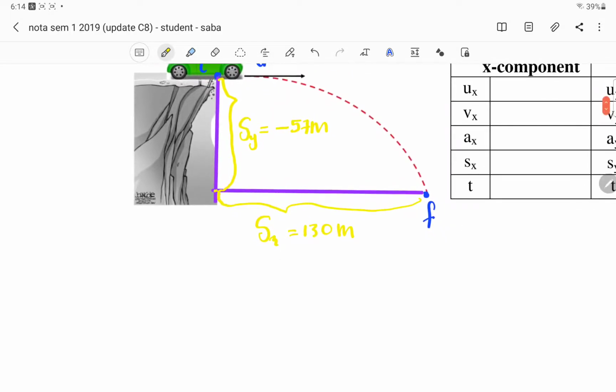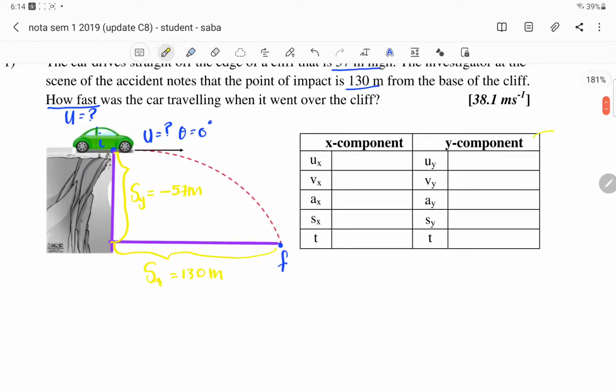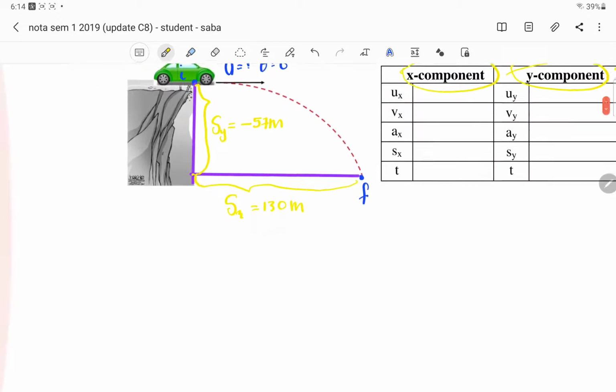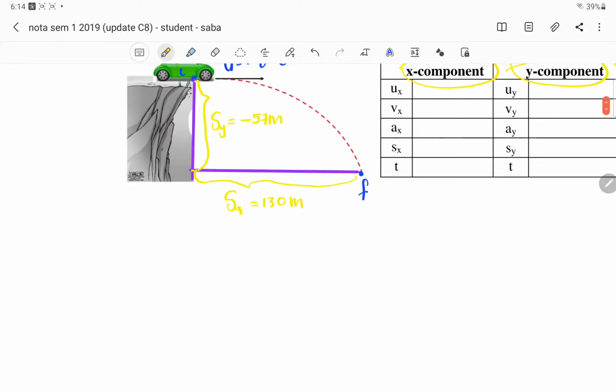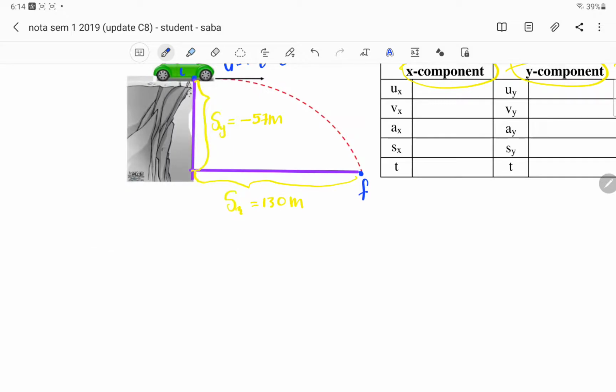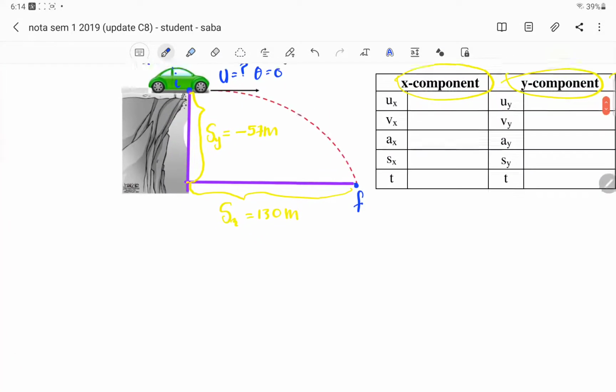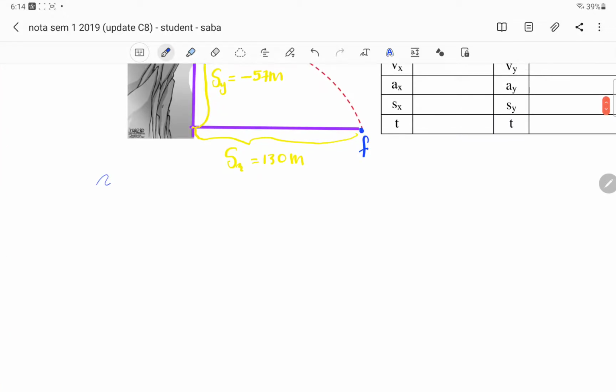So dalam solution soalan ini saya tidak apply table ini, tapi saya still apply konsep untuk X component dan Y component, tapi saya tak apply table lah. Okay, now apa pun soalan tanya, kita mesti nampak dua komponen ni, X dan Y. Kita jangan terlalu fokus kepada formula. Now we go to the concept X component terlebih dahulu.